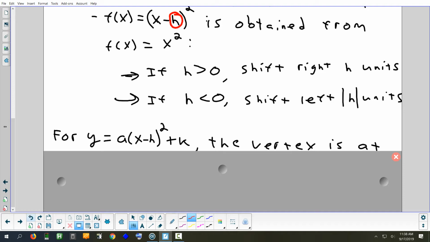Does anybody think they know which two letters there affect the movement of the vertex? Yep. Were you saying apart from H and K? Yeah, just 2 out of 3 of these letters that I just circled. H and K. Only H and K, correct.